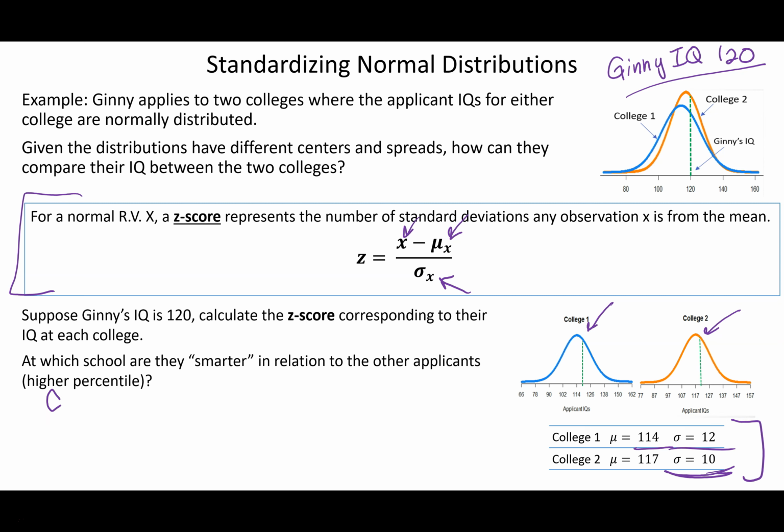So college 1. I'm going to label them Z1 and Z2 because there's more than one z-score. So it's going to be x minus mu of x over sigma, with x being just the IQ of the applicant.